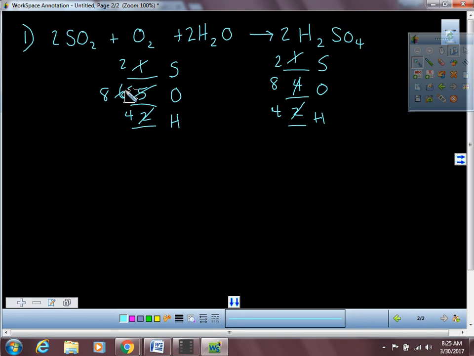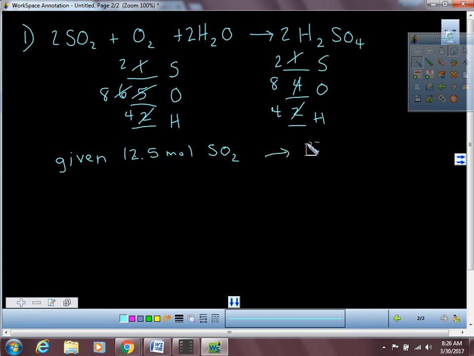So when you write out a stoichiometry problem, sometimes it helps if you write, I'm given 12.5 moles of sulfur dioxide.